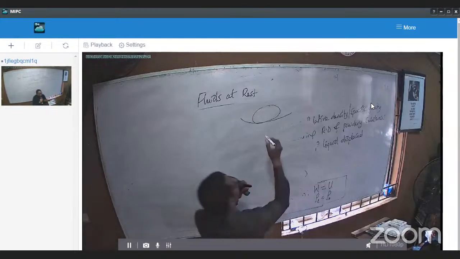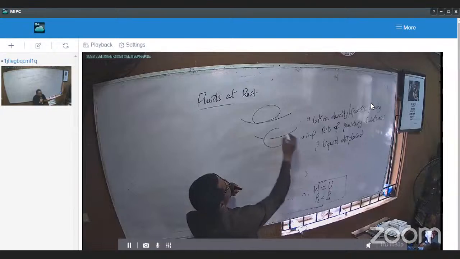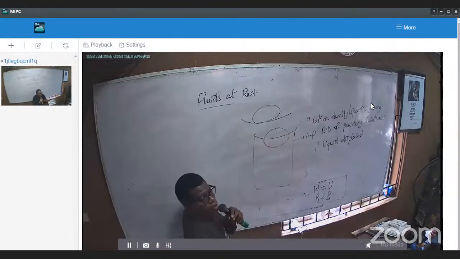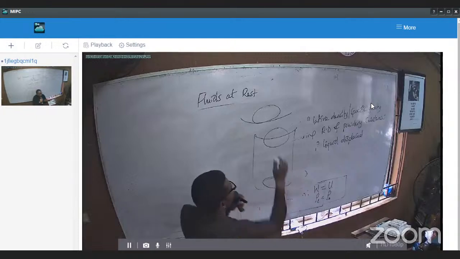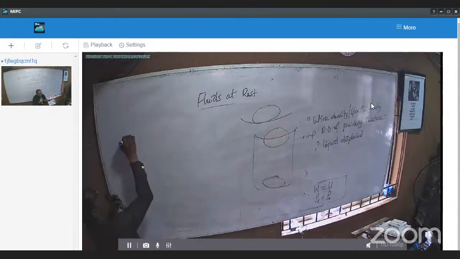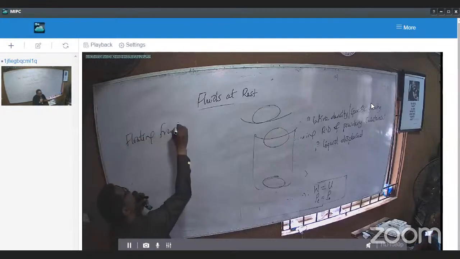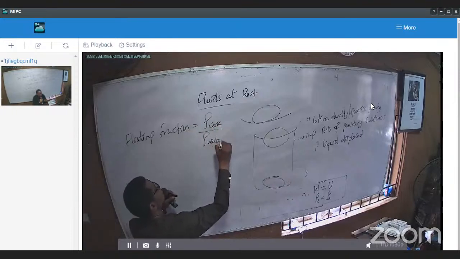When you are floating, it does not mean all your body must be on top. You can be floating like this and you are still floating. You are no longer floating when you are submerged totally. So as long as part of your body is still on top, you are floating. So the floating fraction will be density of the cork over density of the liquid.